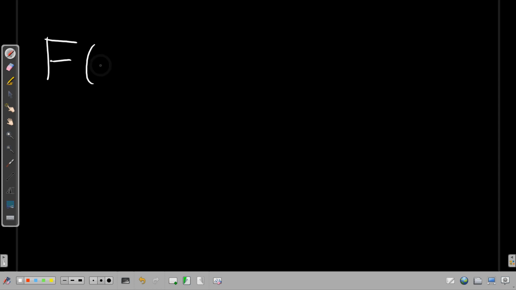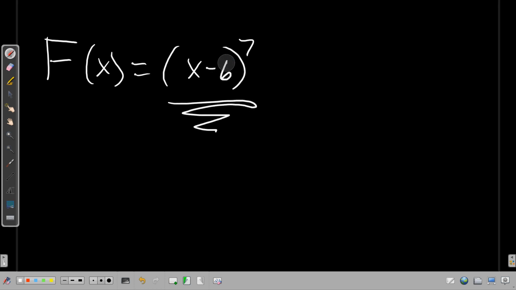Now let's talk about this function capital F, which is defined as x minus 6 to the 7th power. This type of stuff is directly relevant to what you will do in calculus, because you will have to be able to recognize how to take some function and decompose it into these other two functions.